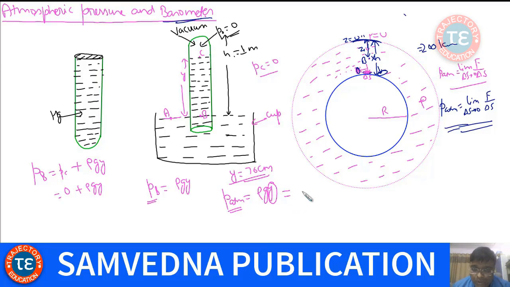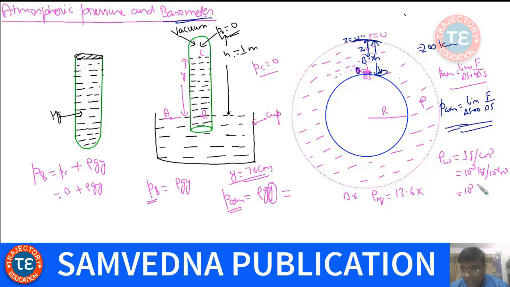how much pressure? See, rho is what? The specific gravity of mercury is 13.6. 13.6 means the rho of mercury is 13.6 times the rho of water. Rho of water is 1 gram per centimeter cube. If I put it in terms of kilogram per meter cube, it is 1 times 10 to the power minus 3 kg, and 1 centimeter cube is 10 to the power minus 6 meter cube.